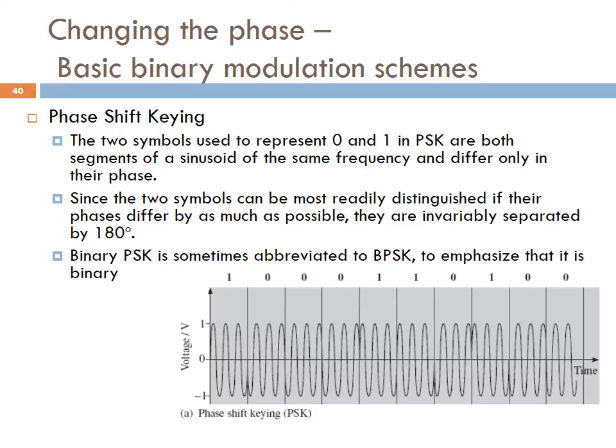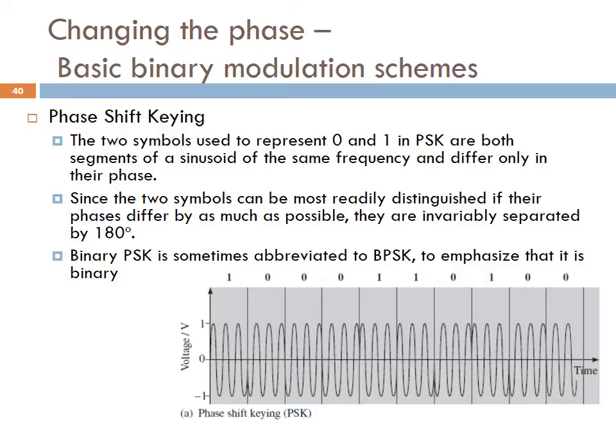Another type of digital modulation technique is BPSK, binary phase shift keying. Previously, I have seen ASK, amplitude shift keying, where we change the amplitude of the carrier wave during tau to represent 1 or 0. Here, during tau, we change the phase of the carrier wave for representing 1 or 0.